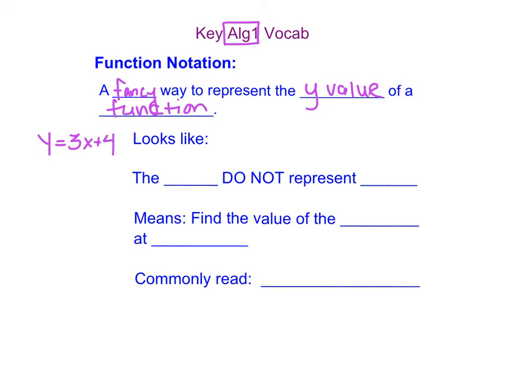That is a linear equation, and what we do when we write that equation with function notation is we take this y value here and we replace it with a function name. In this case, I'm going to use f. So f parenthesis x parenthesis, that is called function notation. This is a fancy way of saying y. So instead of writing y equals 3x plus 4, we can write f of x equals 3x plus 4.